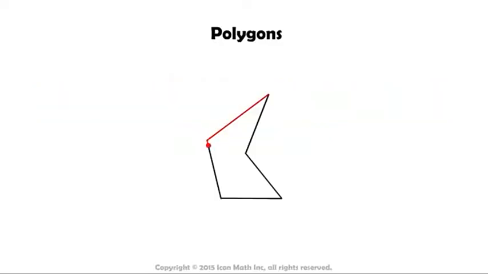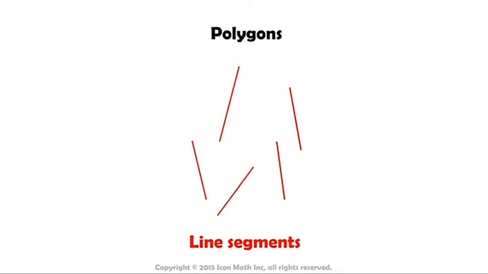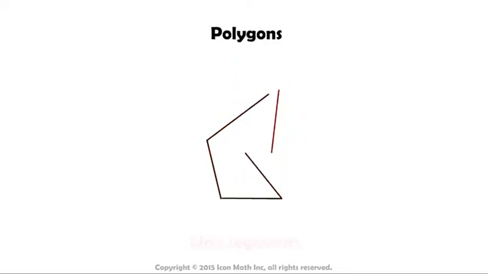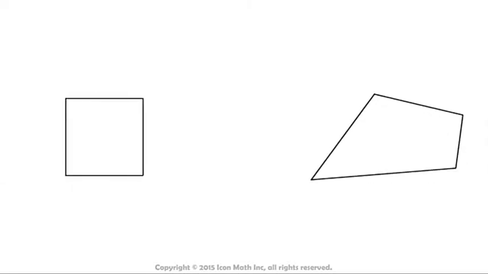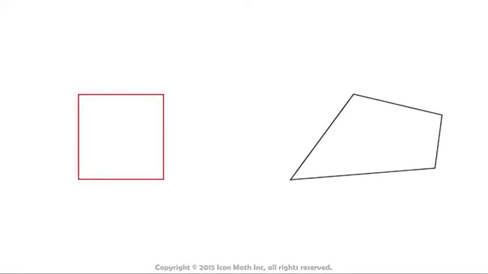Regular and irregular polygons. We know that a polygon is a closed two-dimensional shape made up of line segments only. Polygons have a flat surface. If we have these two polygons, what can we say about their properties? Let's talk about the first one.